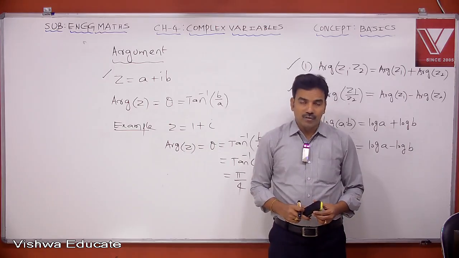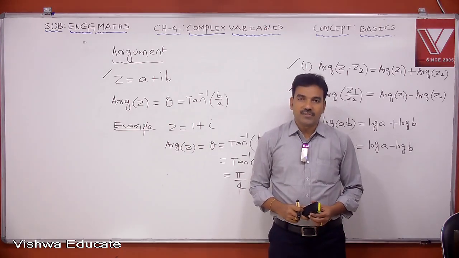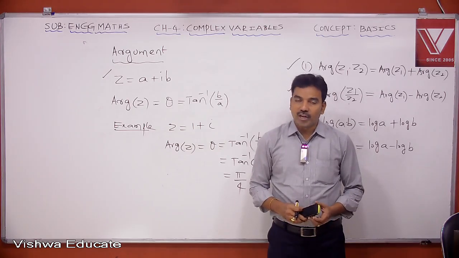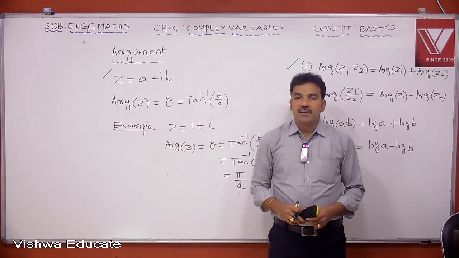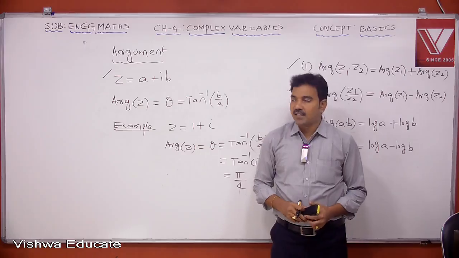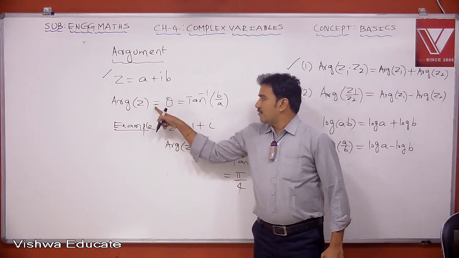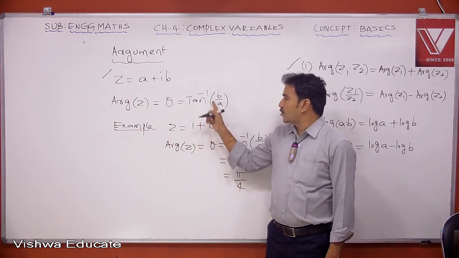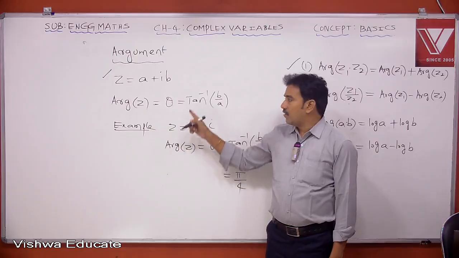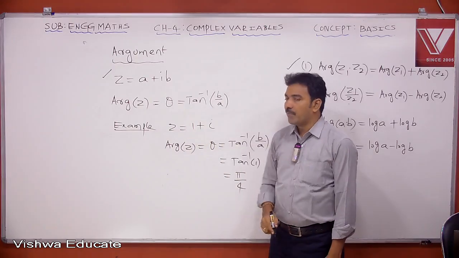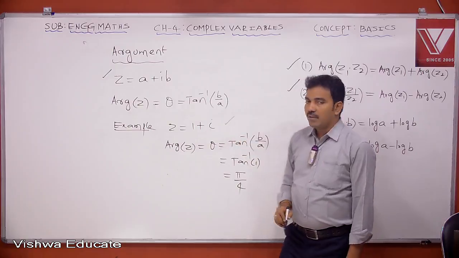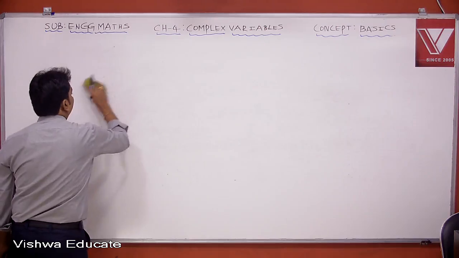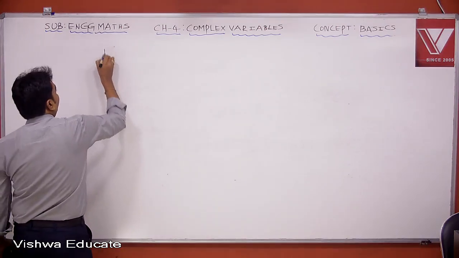First, the argument of z is denoted and defined as arg of z equal to theta equal to tan inverse of b by a. You write this example, followed by these two points. Next definition, fixed point.